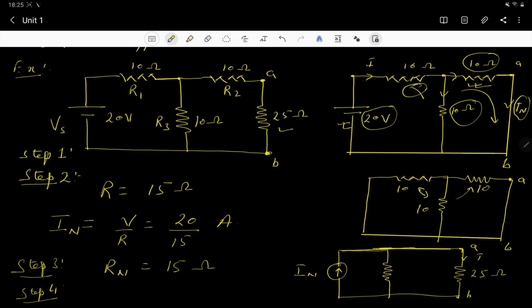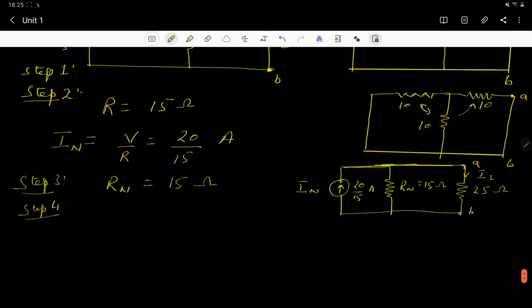This must be your IL. This is your Rn, which we have calculated as 15 ohms. And this is In, we have already calculated 20 by 15 amperes. Now we have got this circuit.